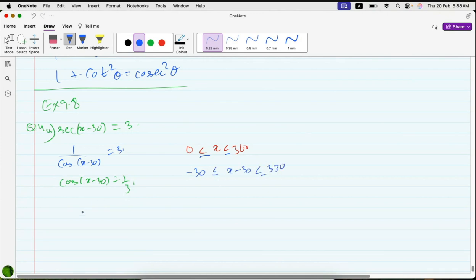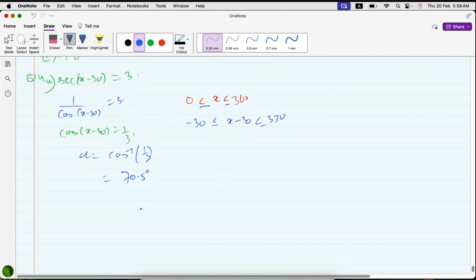So we're solving for y. Basic angle is equal to cos inverse of 1 by 3, which is 70.5. So y is equal to, cos is positive in the first and fourth quadrants, 70.5, and 360 minus 70.5 is within the domain, 289.5.